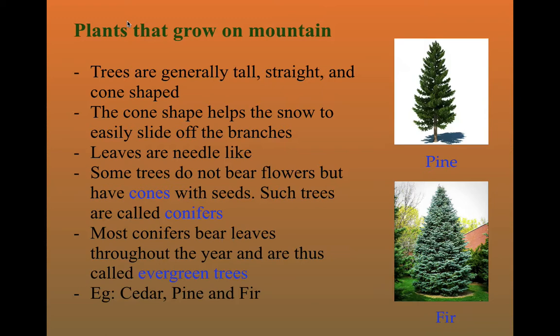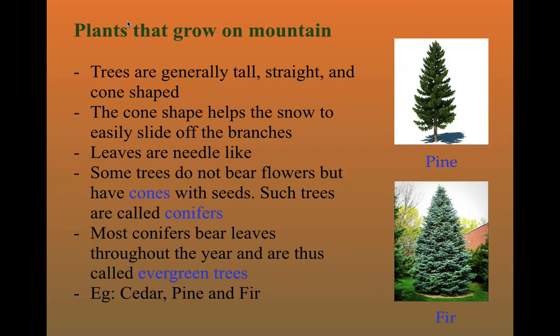Some trees do not bear flowers, but they have cones with the seeds. Such trees are called conifers. Most conifers bear leaves throughout the year and are thus called evergreen trees. Example, cedar, pine and fir.